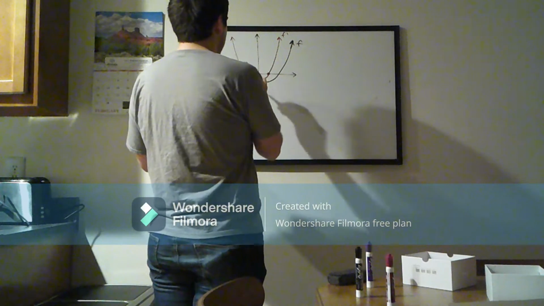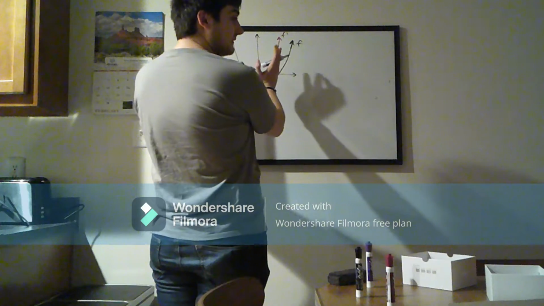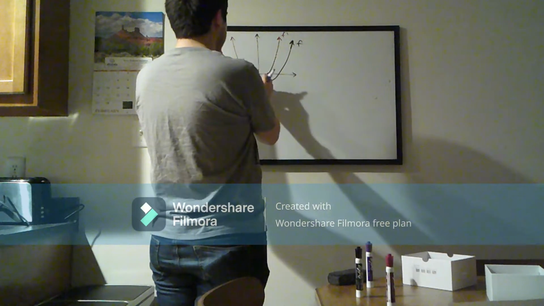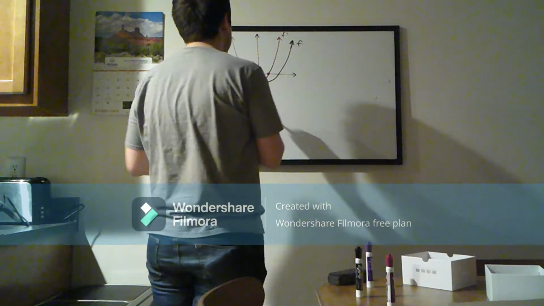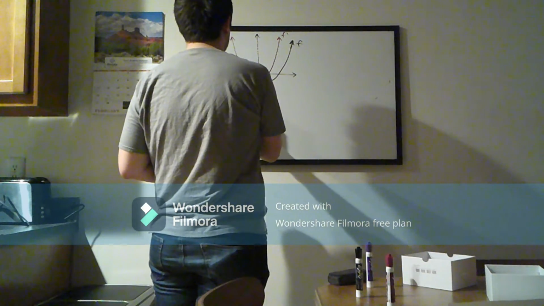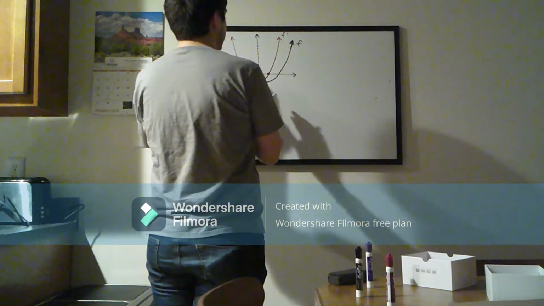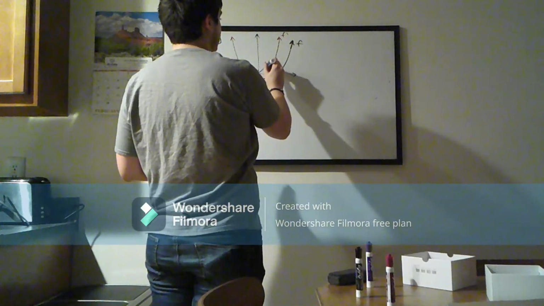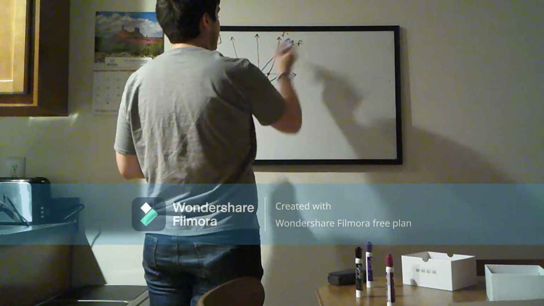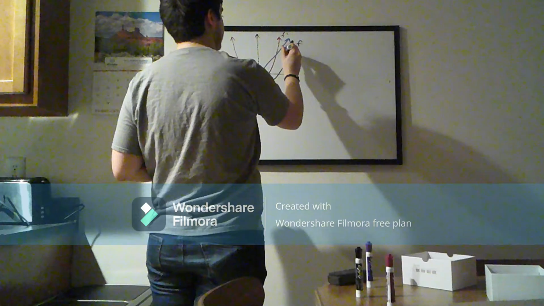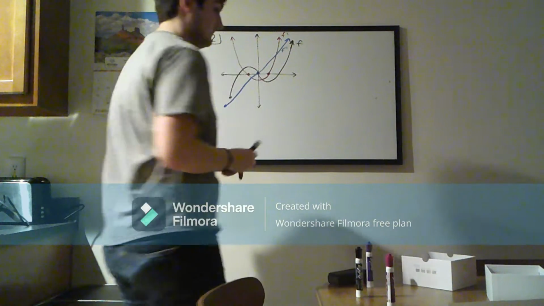The first derivative is decreasing from here until this point, so my line should be in the negative region. After it hits this point, it starts increasing, so my line should be in the positive region. This blue line I just drew is f double prime.